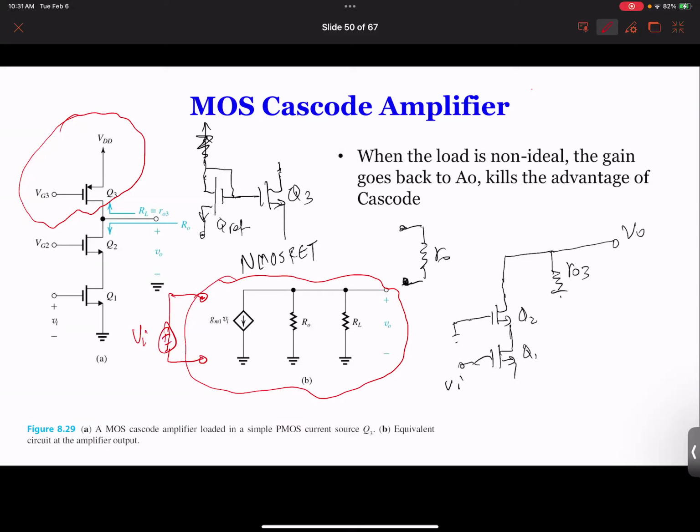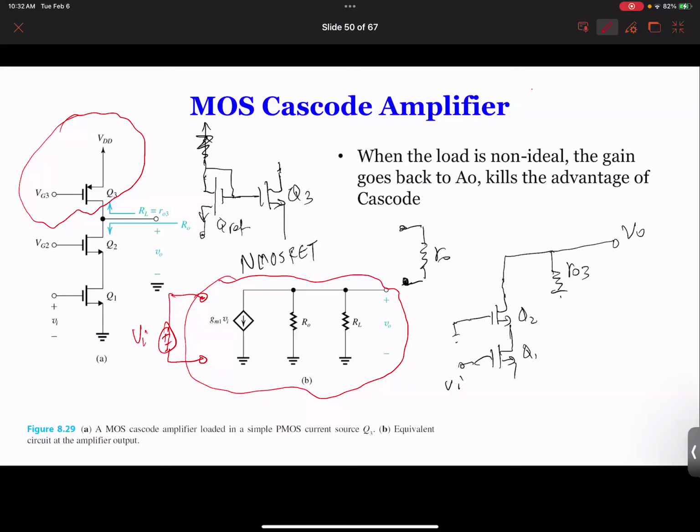So VI is coming in, and what we need to do is to look at the output resistance of Q1 and Q2, and also the load, like the input resistance of the output circuit. By doing that, you can find the gain of this circuit.